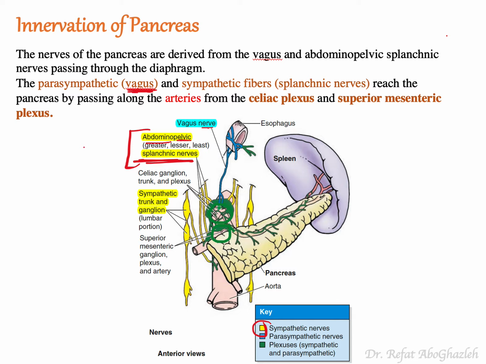As you see, the plexus is a mix of sympathetic and parasympathetic. So the pancreas gets its nerve supply from the celiac and superior mesenteric plexus.